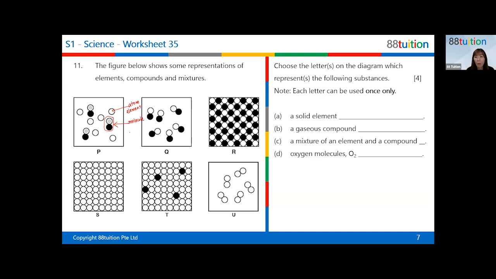Molecules of elements or molecules of compounds? This is a molecule of a compound, not of an element, because they are not the same elements. So the way to describe P is that it is a mixture of an element and a compound. This is how we describe P.